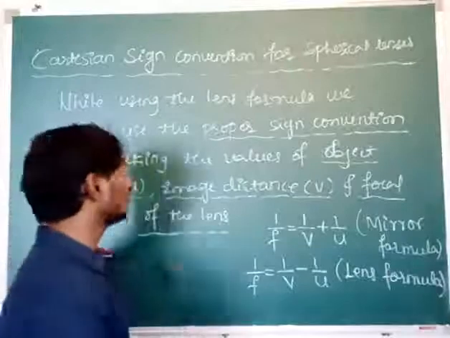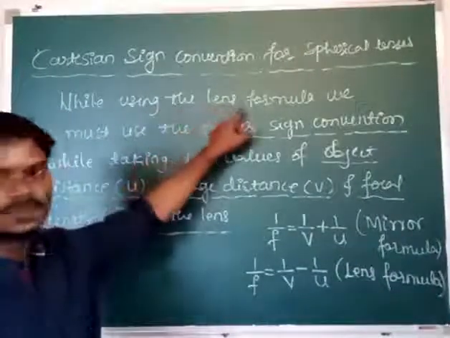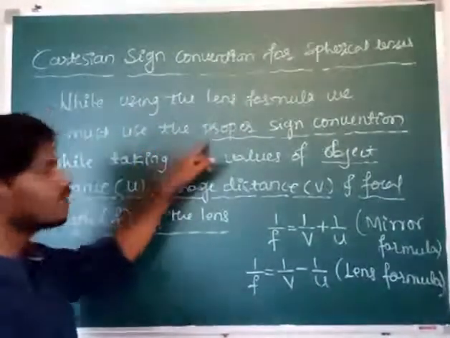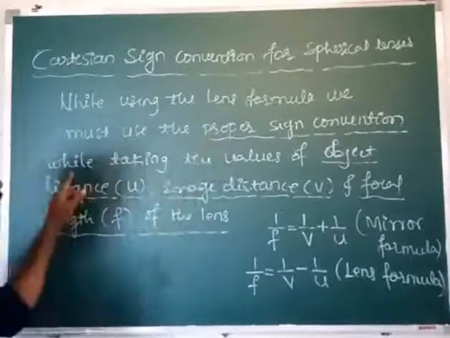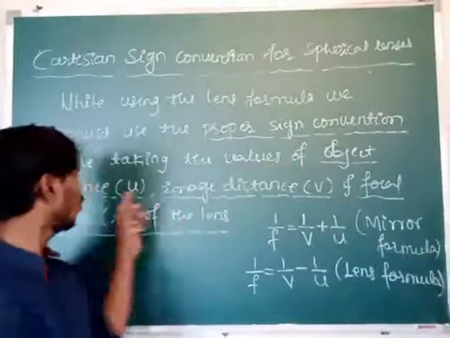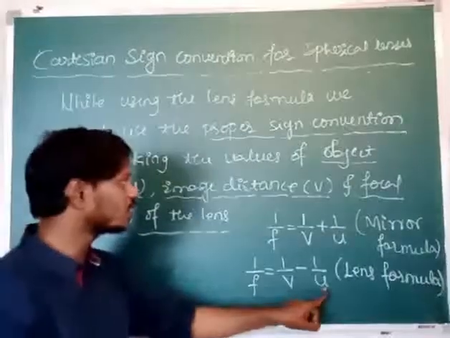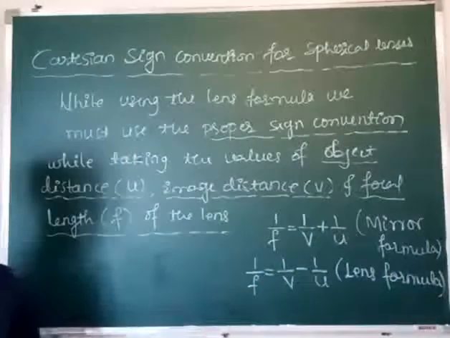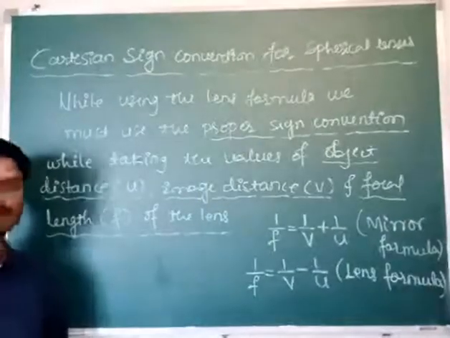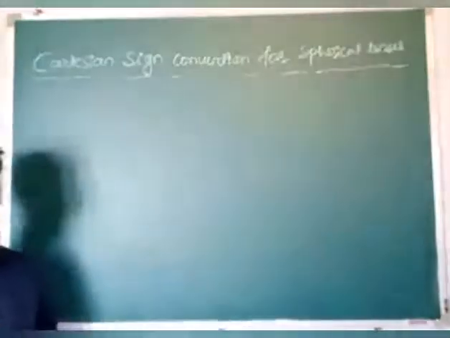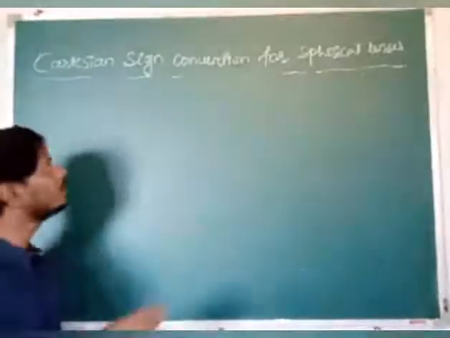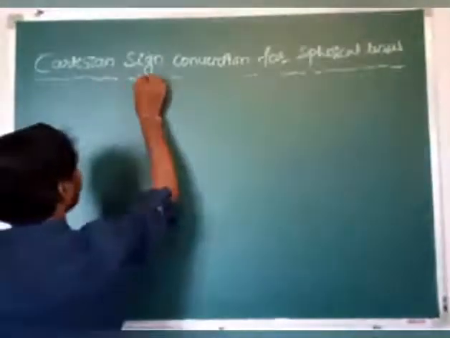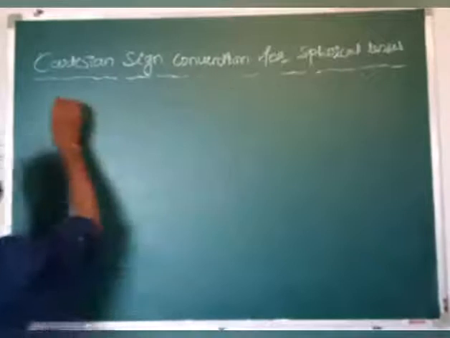So once again, while using the lens formula, we must use the proper sign convention while taking the values of object distance, image distance and also focal length. Then what are those sign conventions? The sign conventions are as follows.